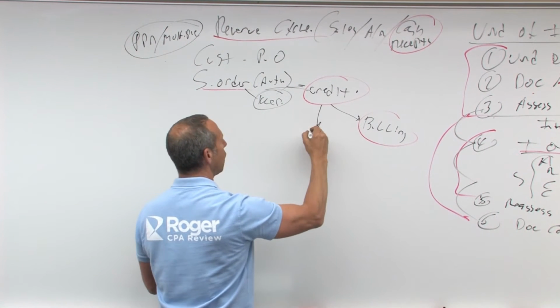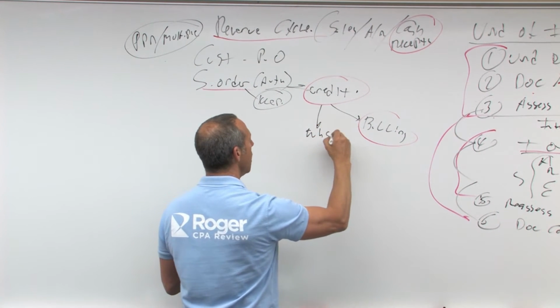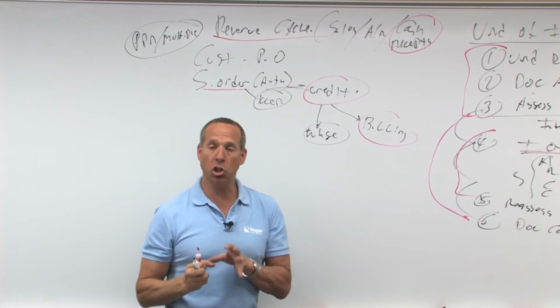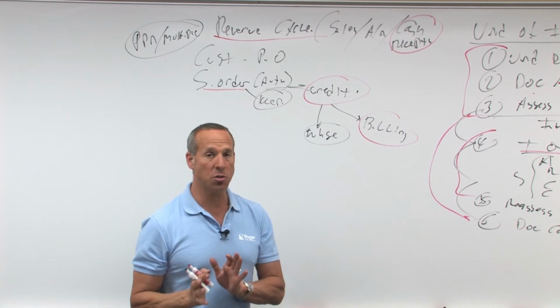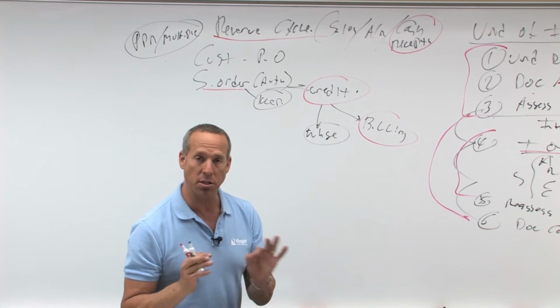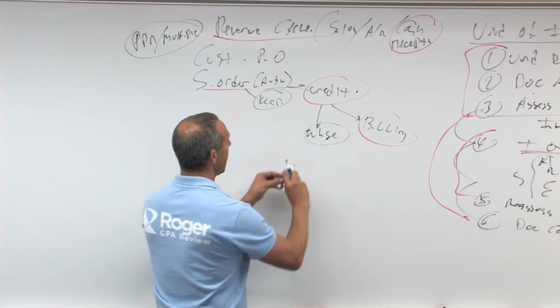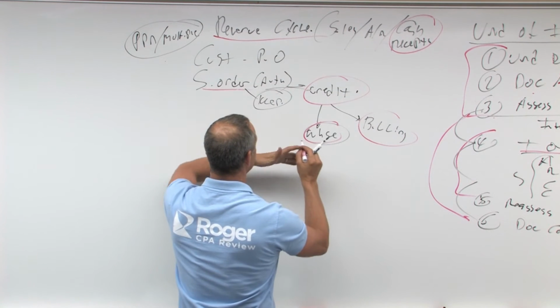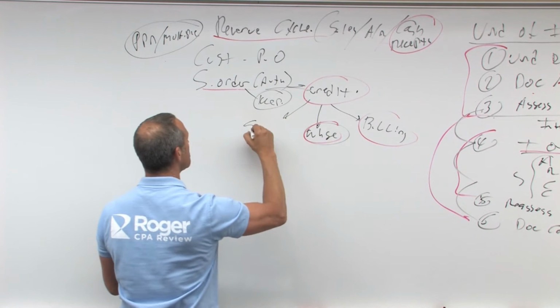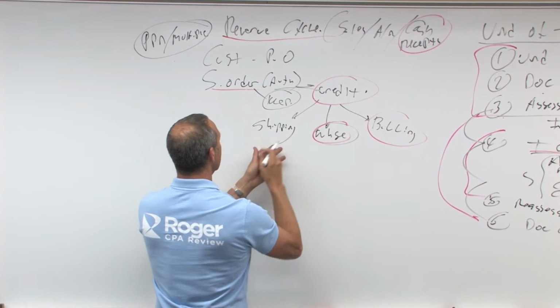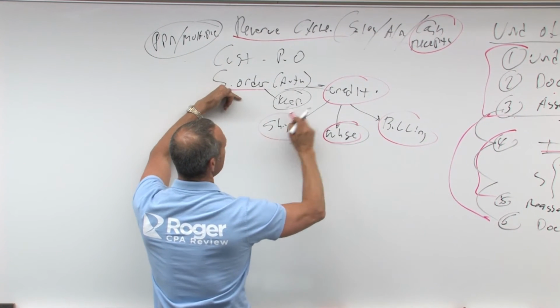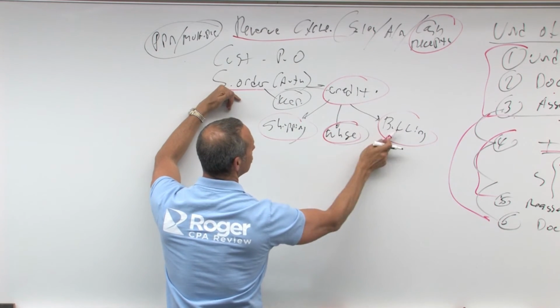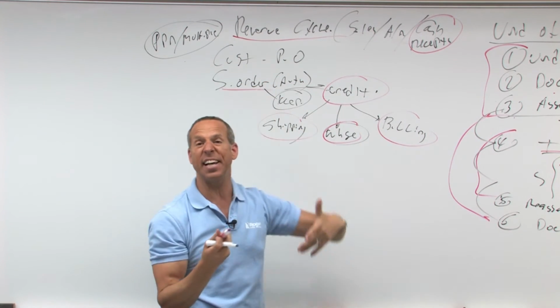They might send one over to the warehouse, because the warehouse has the goods. They want to release the goods, but they're instructed, don't release the goods until what? We check the credit. So now they've got an authorized sales order. We're also going to send one over to shipping. So you can see that maybe we've got 1, 2, 3, maybe 5 copies of the sales order.